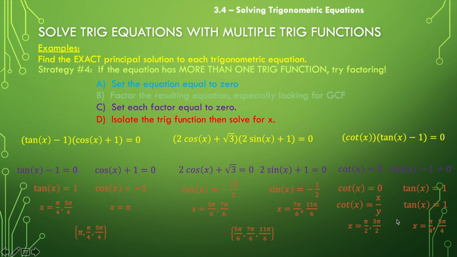That's a problem. 3 pi over 2 is going to be the same situation, except it's going to be (0, negative 1). So I still have a 0 in the denominator. It would just be negative 1 over 0. That will be undefined. So if I look at my proposed solution set, I would have to eliminate pi over 2 and 3 pi over 2 because they will not actually work here.